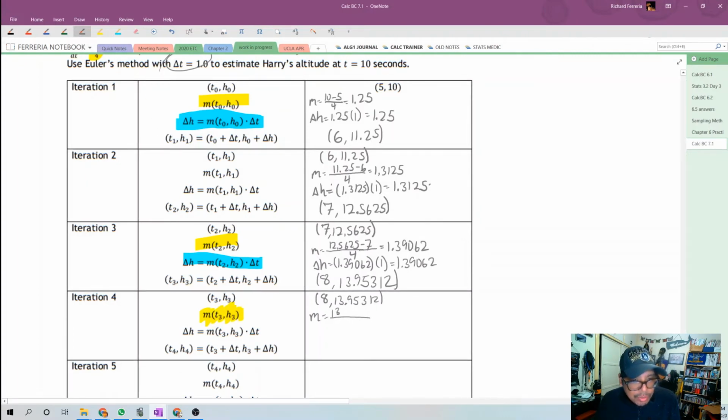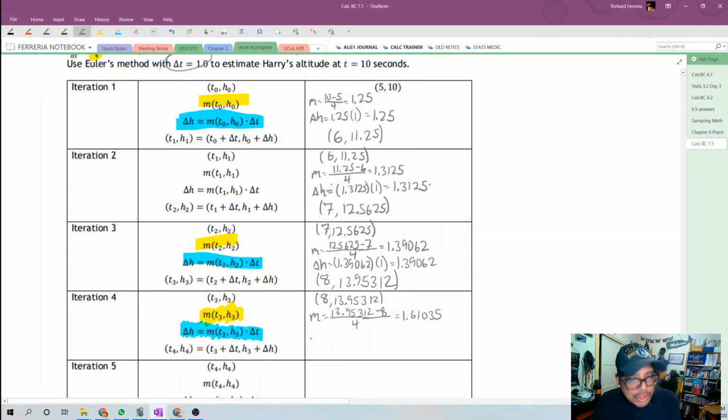So that is 13.95312 minus 8 divided by 4, and that gets us to 1.61035. Make sure you're doing this with your calculator. No one's expecting you to do this with pencil and paper, at least not like you did when you were in elementary school.